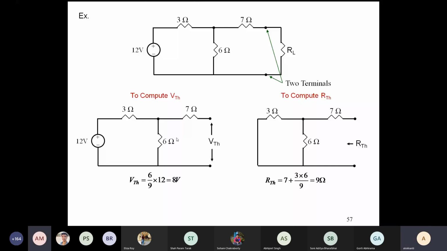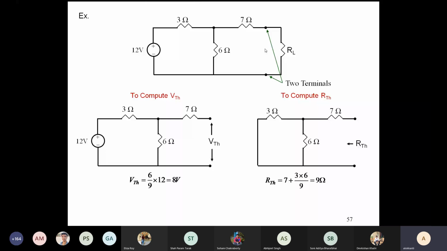Sir, RL and RTH are the same? Which one? RL and RTH, is it the same? The question is, I have told you to find out the VTH and RTH across these two terminals.